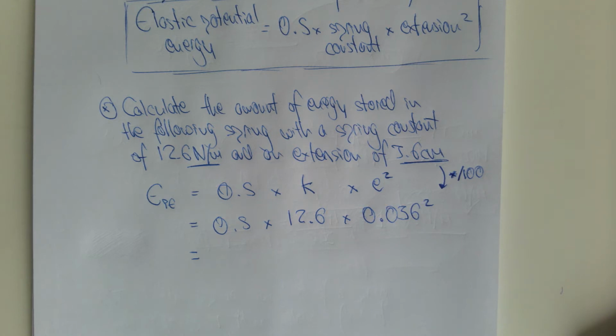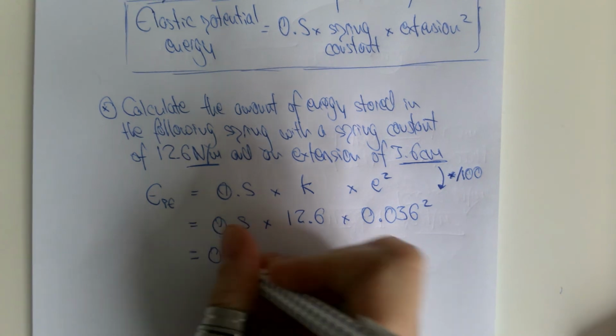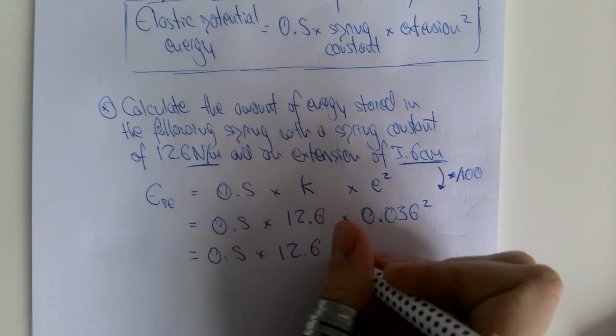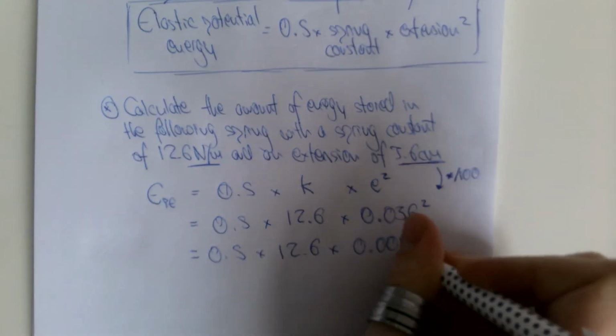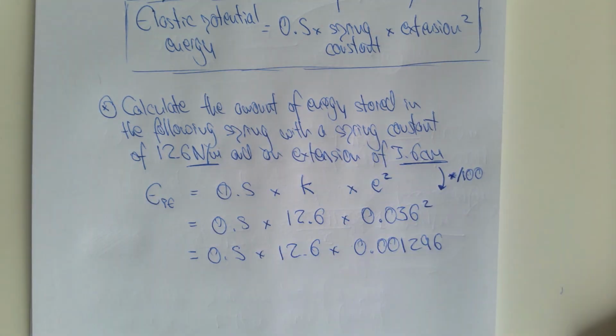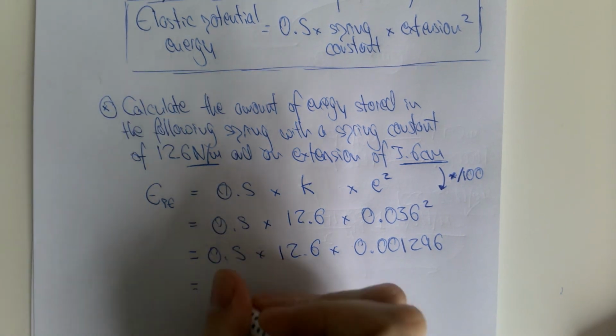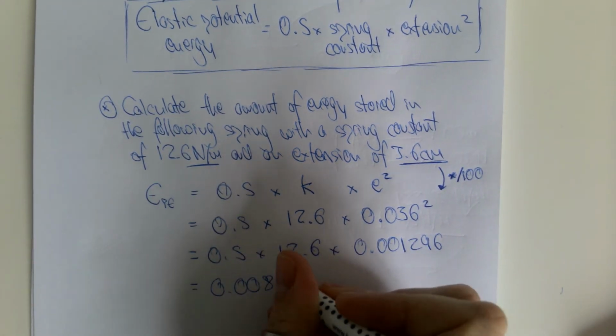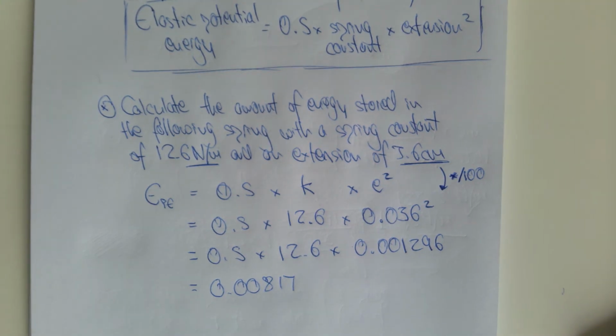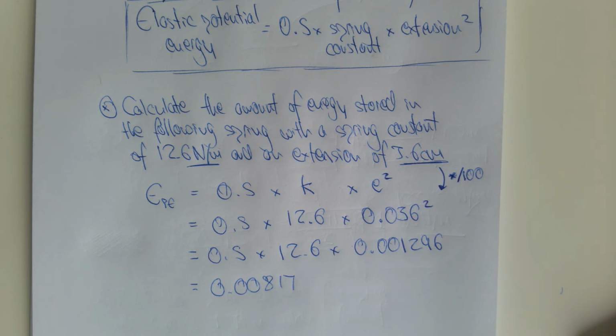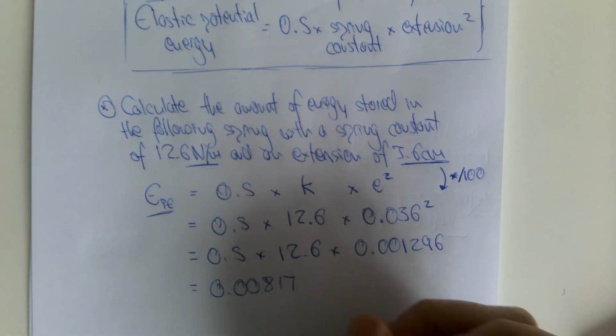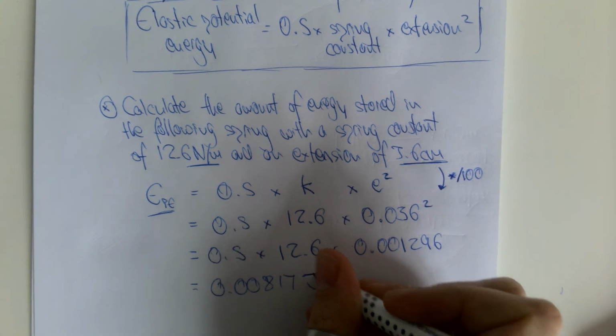So 0.036 times 0.036 gives us 0.001296. So we then just simply multiply each of our numbers together: 0.5 times 12.6 times 0.001296 brings us out with 0.00817, which, as it is energy, our answer needs to be in joules.